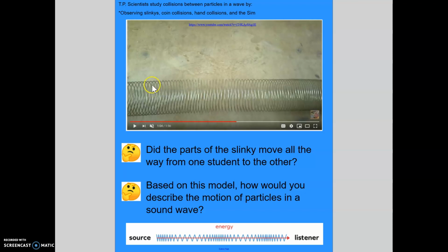Well, it seemed like each ring collided with the ring next to it, and it was those collisions that transferred the energy from one side to the other. And remember, we know that energy always travels away from the source. So the source was his hand, and it moved away to the right.